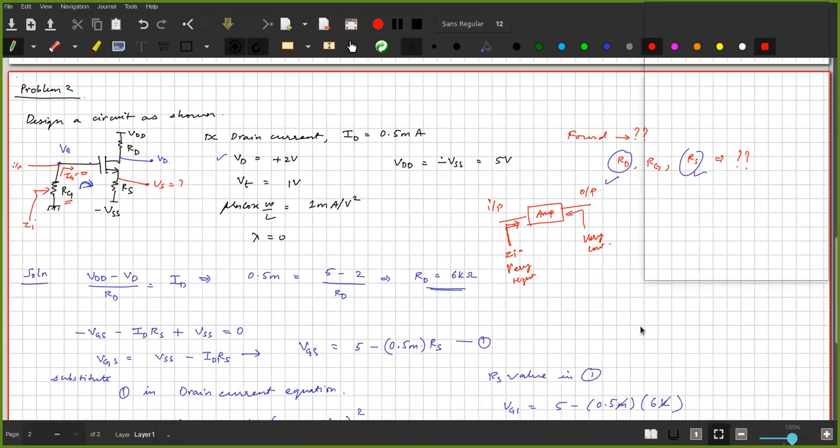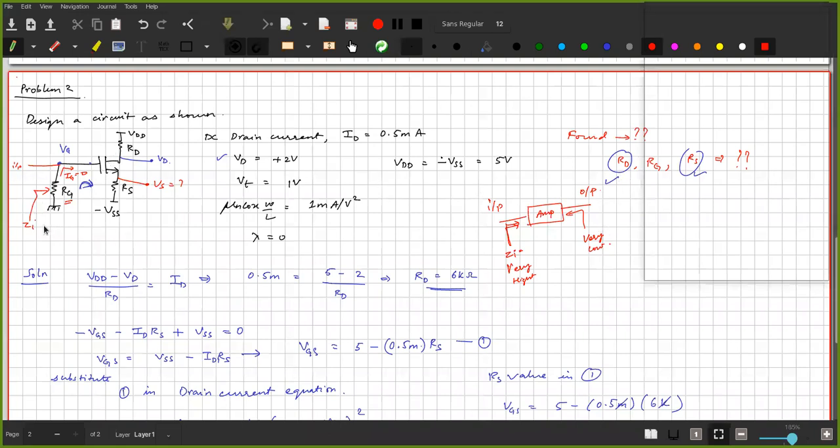If you take an op amp, an ideal op amp will have infinite input impedance and the output impedance will ideally be zero. But practically, the input is in the order of mega ohms or giga ohms, whereas the output impedance is a few tens of ohms, not even 100.